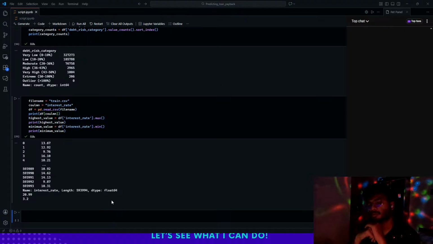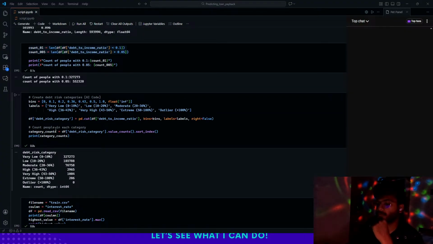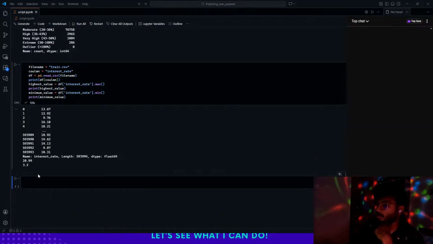What if I switch, like we can make several bins, just like over here, the bin 0, 0.3, 6, 4.3. So the last is 3.2.